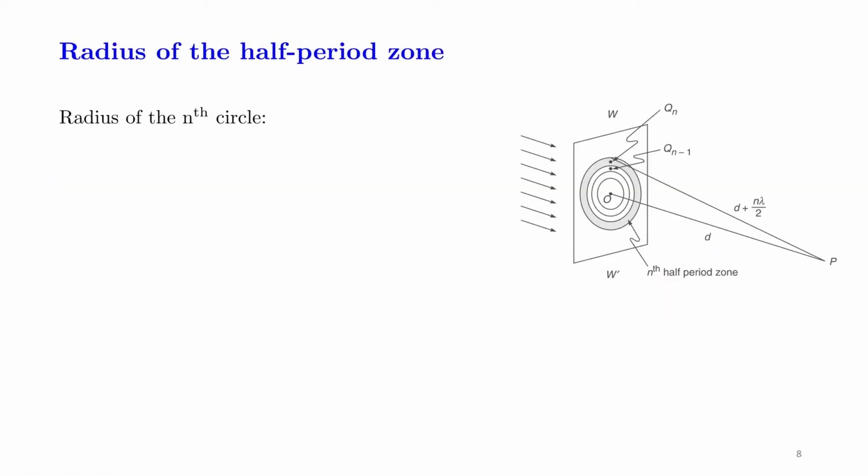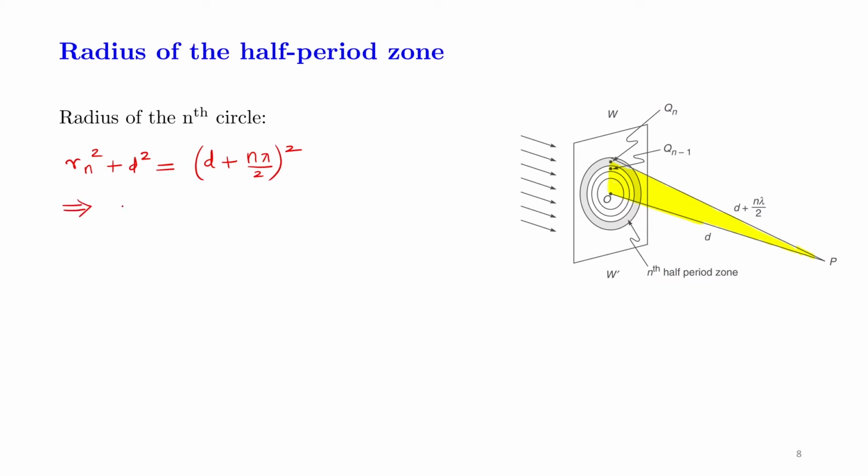We'll now try to derive an expression for the radius of the nth circle of the Fresnel half period zone. Consider this yellow right-angled triangle. From this right-angled triangle, we can write Rn square plus d square as equal to (d plus n lambda over 2) the whole square.